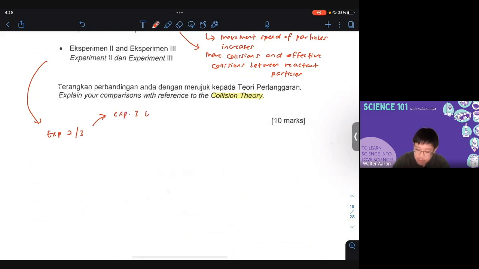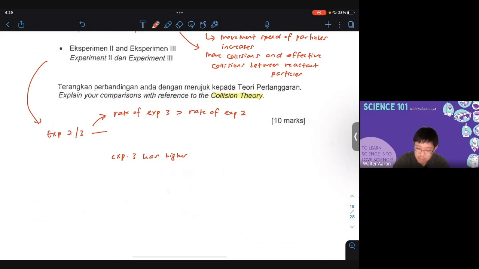Before that, you have to explain the rate of reaction. So you can just say here that rate of experiment 3 is greater than rate of experiment 2.